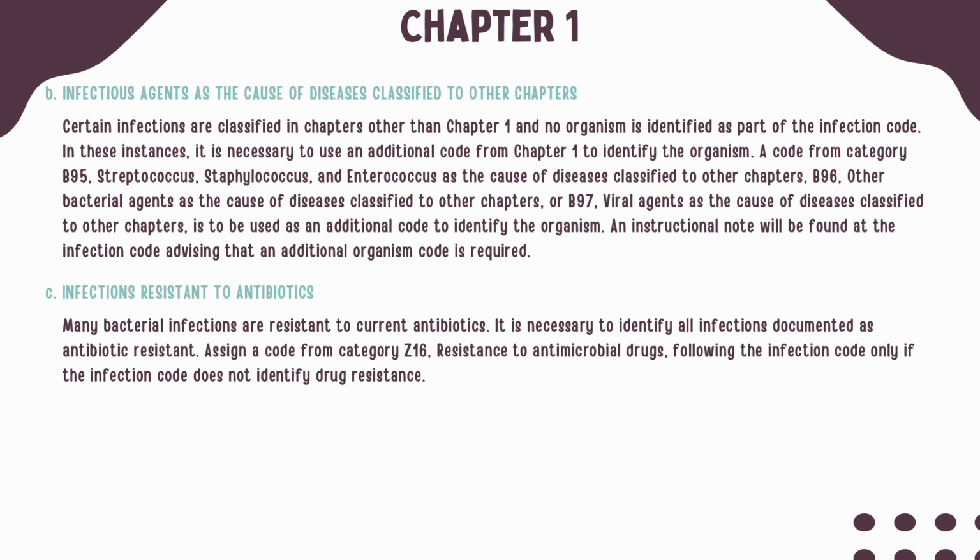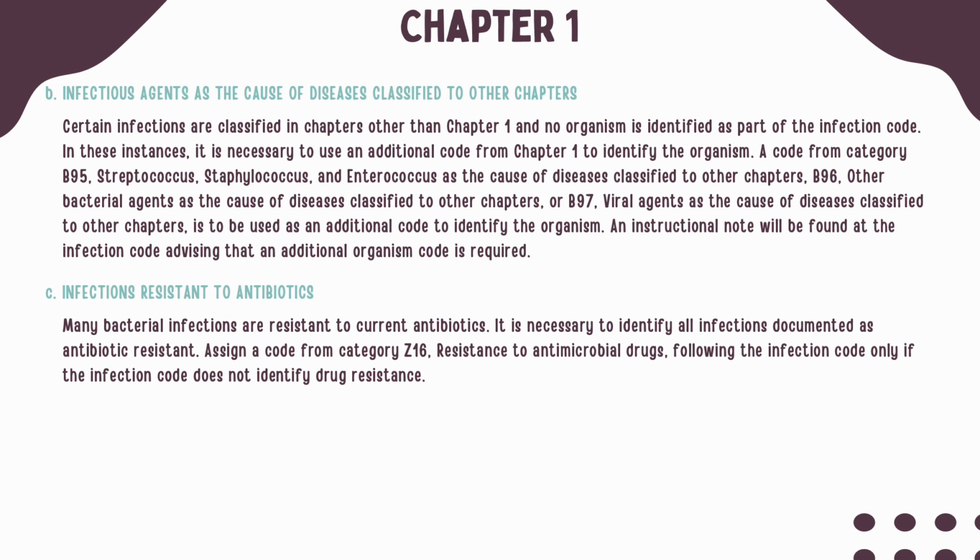Certain infections are classified in chapters other than Chapter 1, and no organism is identified as part of the infection code. When that happens, an additional code will be necessary to identify the causal organism. You should use a code from B95, B96, or B97 to identify the organism.